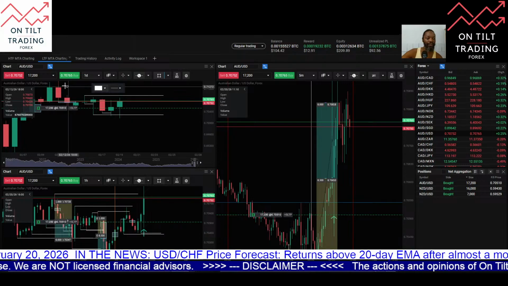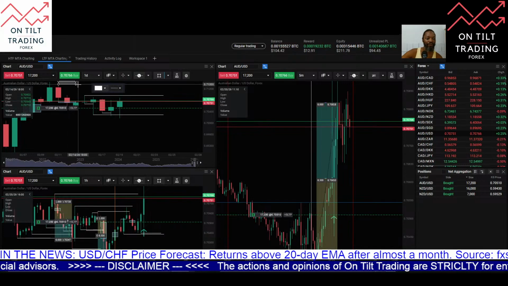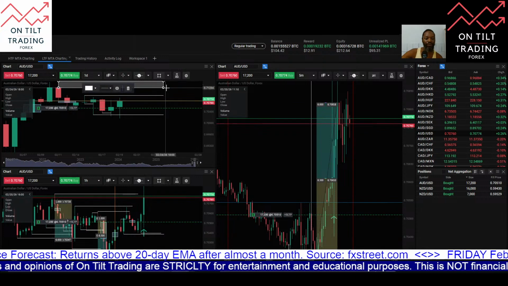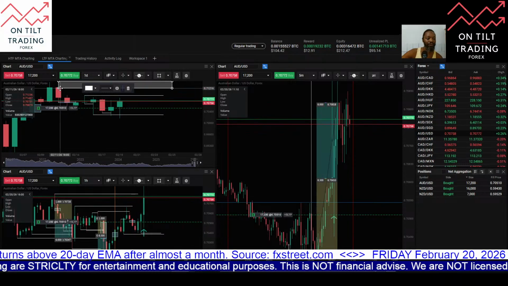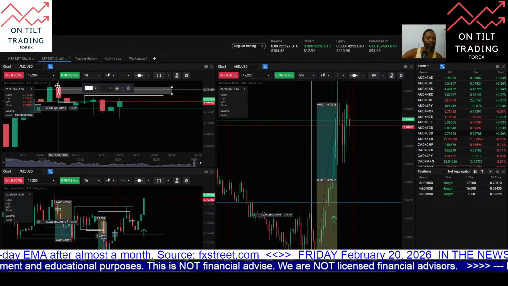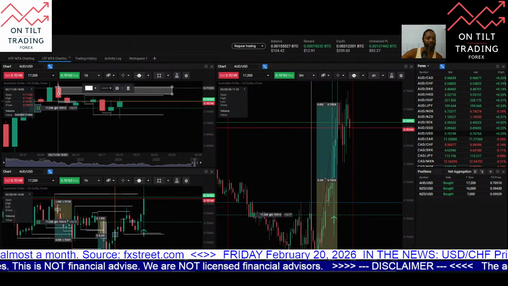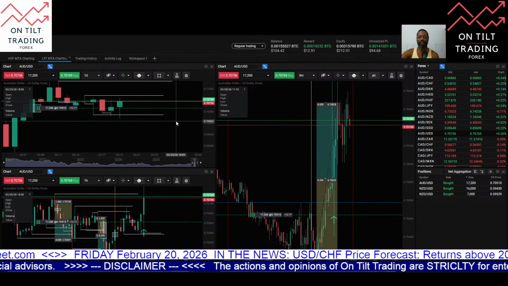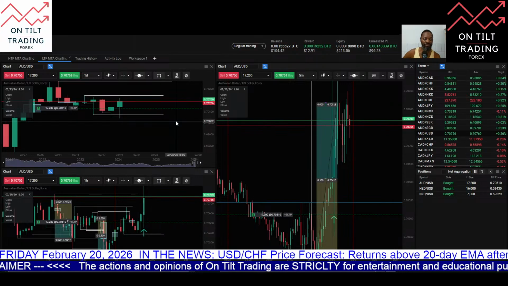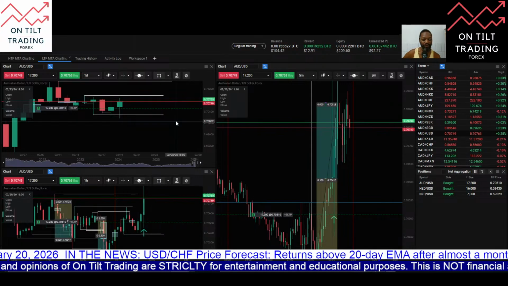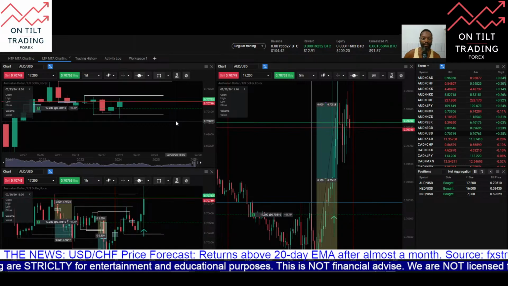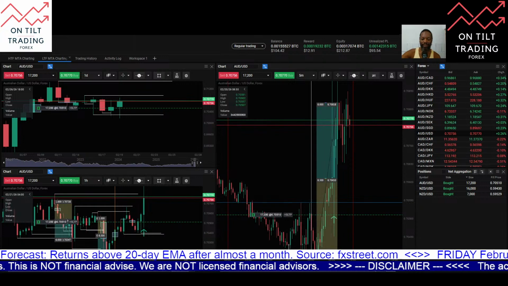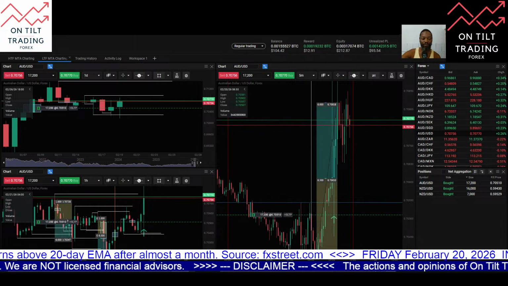But based on today's price action and the news, I don't have a clear indication of what price may do, but price action overall has been bullish over the course of the New York AM session, also overall throughout the London session and the Asian session. So bullish price action throughout the course of the day and a bullish draw on liquidity or bias.